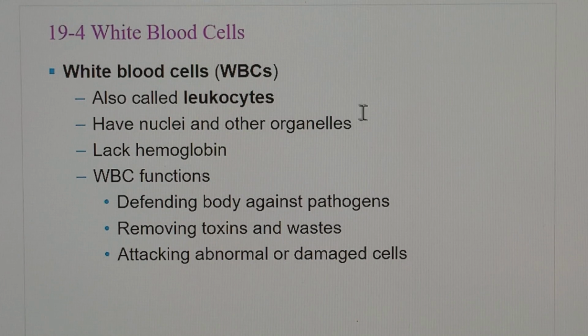White blood cells, WBCs, are called leukocytes, have nuclei and other organelles. They lack hemoglobin. Their functions are defending the body against pathogens, removing toxins and wastes, attacking abnormal and damaged cells.